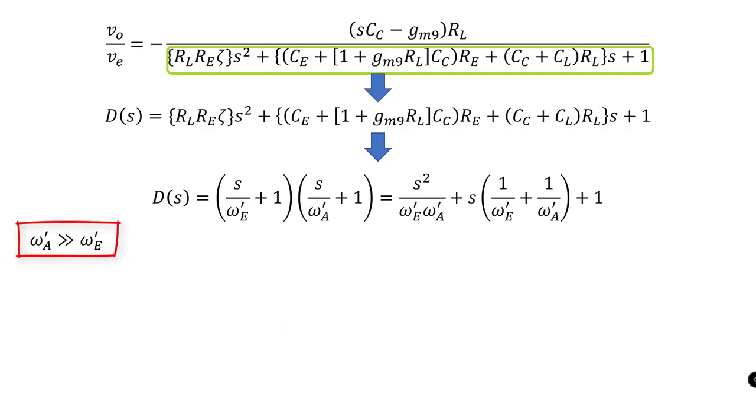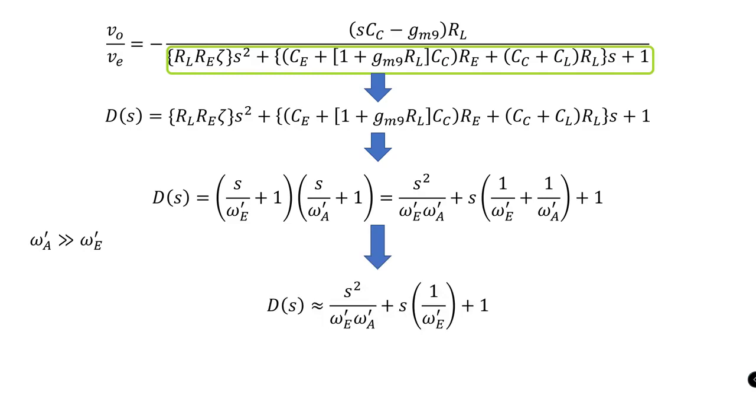Also, let me assume that this omega E prime is the dominant pole due to the Miller capacitor effect at node E. So, based on this assumption, one can approximate the D(s) polynomial as follows, where in the s coefficient we drop the 1 upon omega A prime term during this approximation.